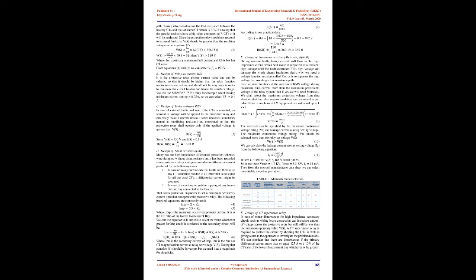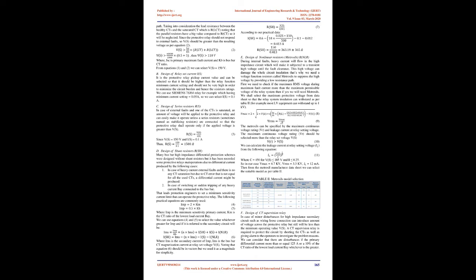Since the protective relay should not respond to external faults, V_S should be greater than the resulting voltage as per equation 2, where I_SK is the primary maximum fault current and K_B is the busbar CT ratio. From equations 1 and 2, we can select V_S equals 150 V.